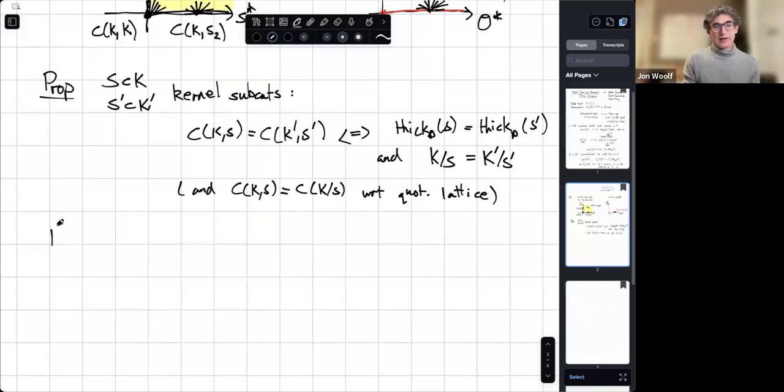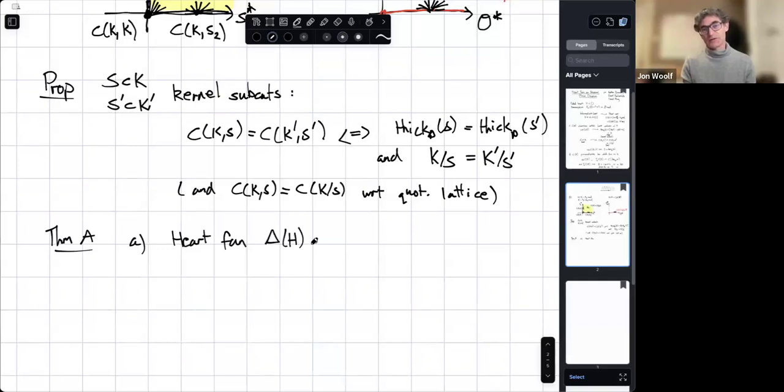So that's, I think, set up enough notation for the main theorem about these things. So I now want to think about not just one cone, but all of the heart cones for all intermediate hearts and all their faces. So the heart fan is defined to be: take all these intermediate bounded hearts, take their heart cones, and then take all faces of those, and take the union of those.